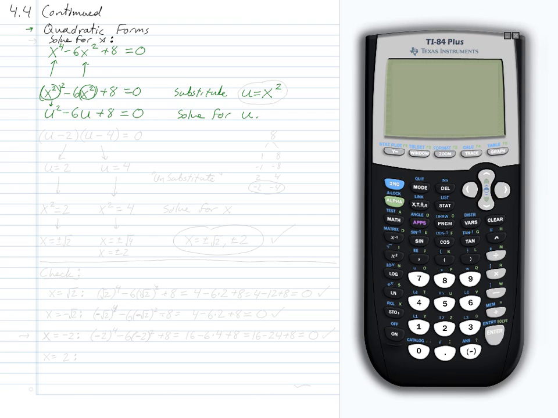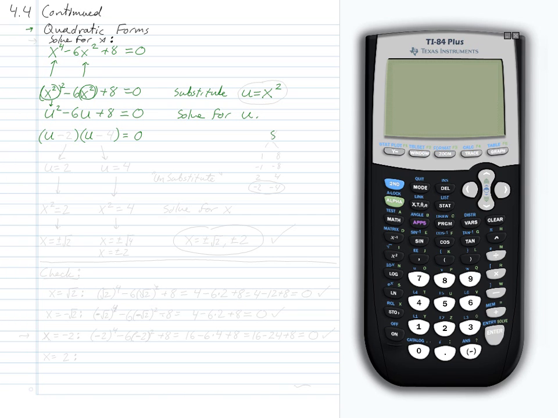Alright. So I'm noticing that this appears to be easily factored. We could factor this as u and u, and then I need numbers that multiply to 8 but which add up to negative 6.